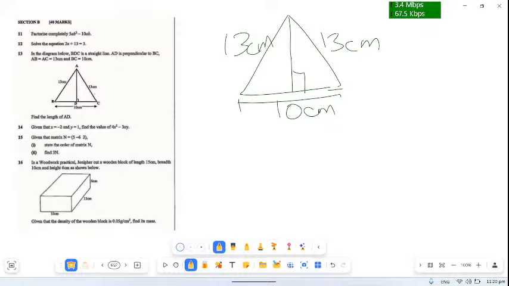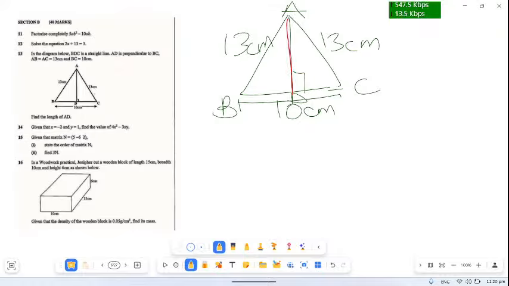On top it's A, this side is B, then C, and in the middle it's D. So the question is find the length of AD, and the length AD is this one.